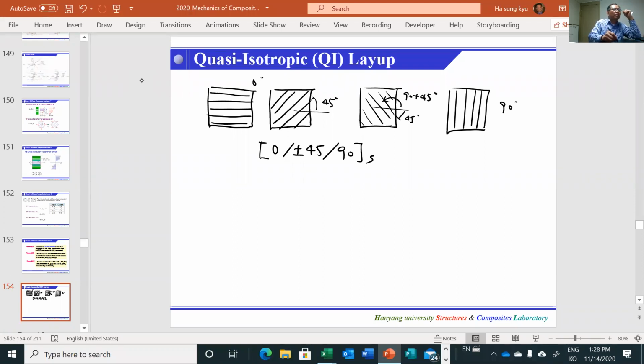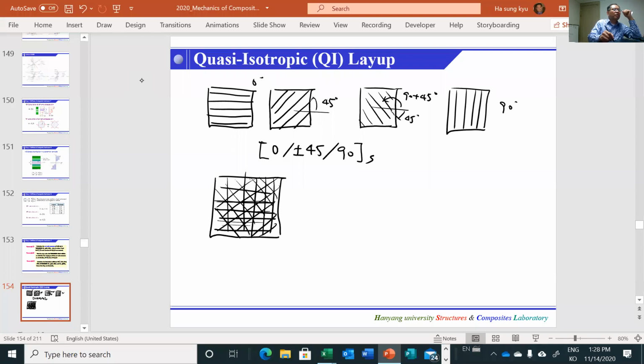If we plot them all together, it's like we have a 0, we have a 45, we have a 90, we have a 45, we have another 0, and so on.